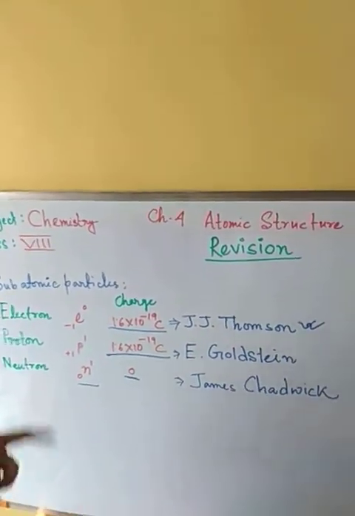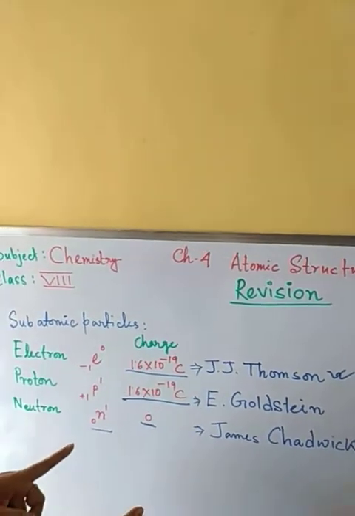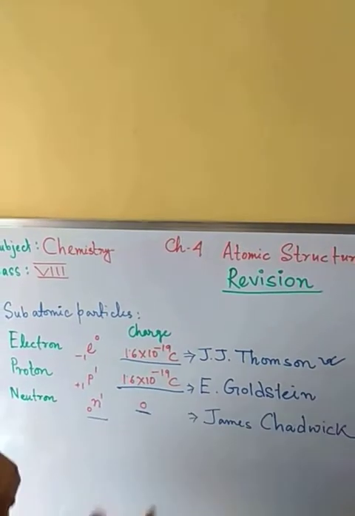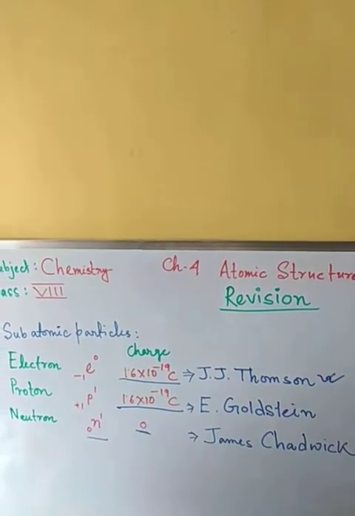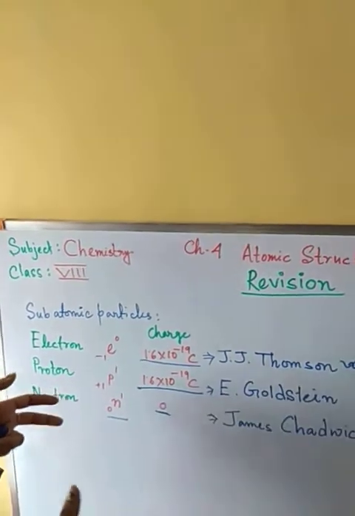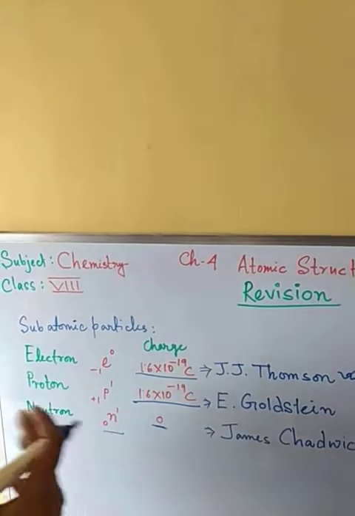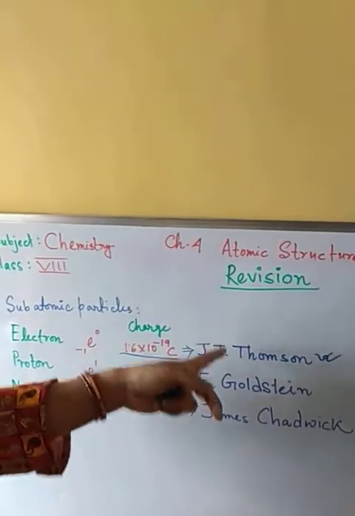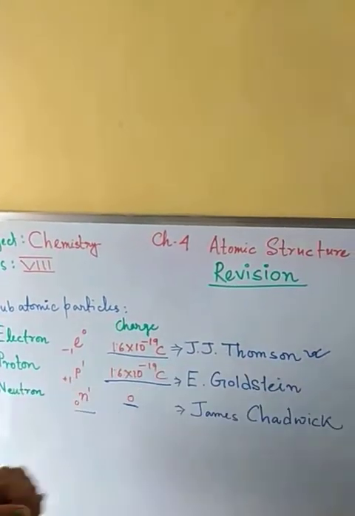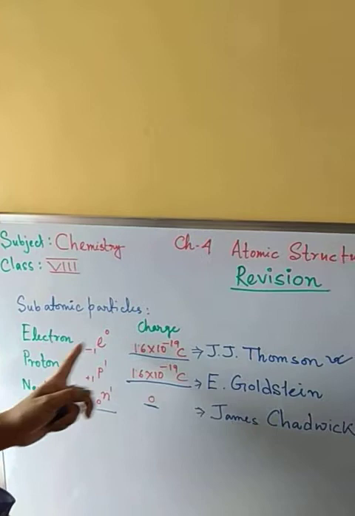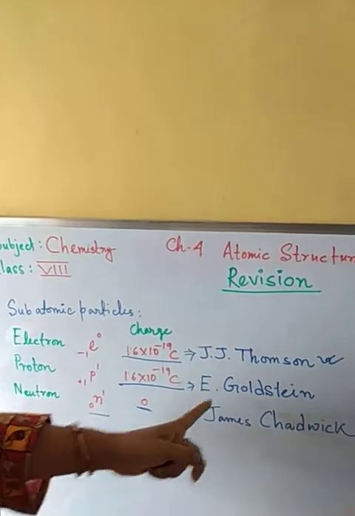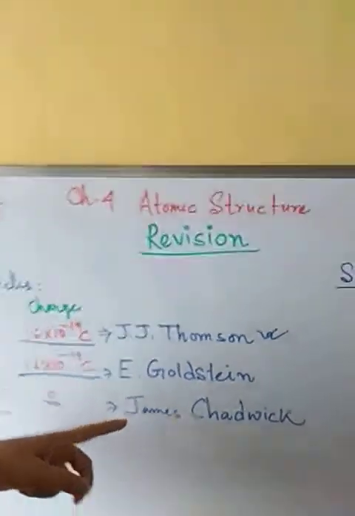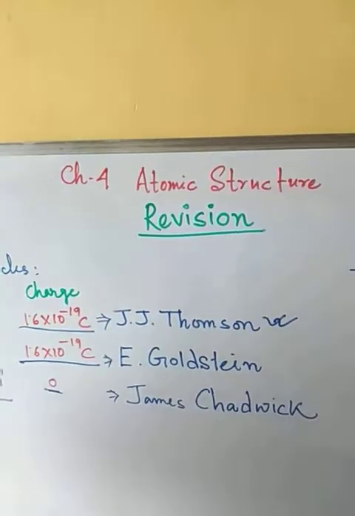Maybe in your book it's given someone else, William Crookes, but actual electron was discovered and its characteristics were explained by J.J. Thomson. Next, proton was discovered by E. Goldstein, and neutron was discovered by James Chadwick. So these three names you have to learn properly.